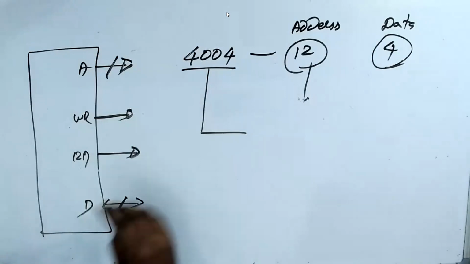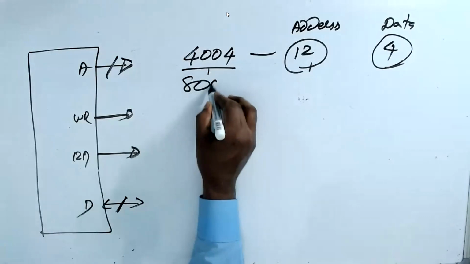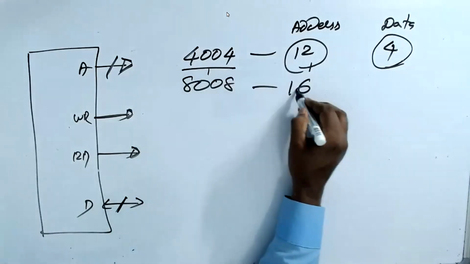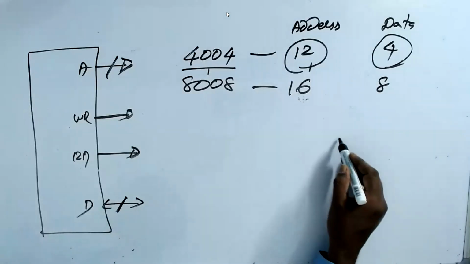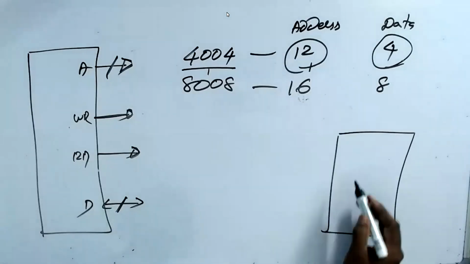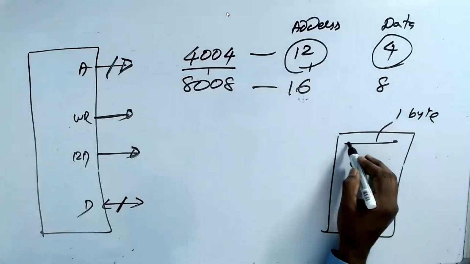Now, then they came out with a microprocessor called 8008. That is 16 address lines and 8 data lines. That means that my memory is organized as 1 byte, 8 bit.